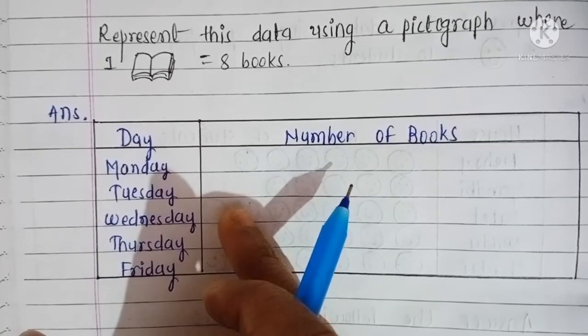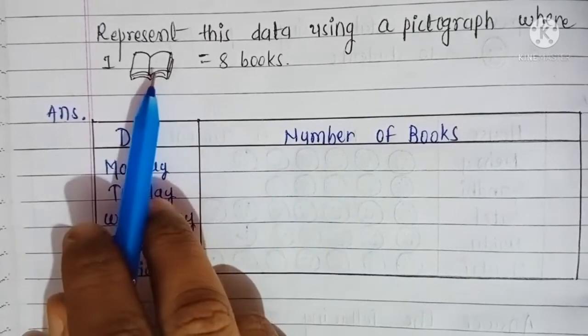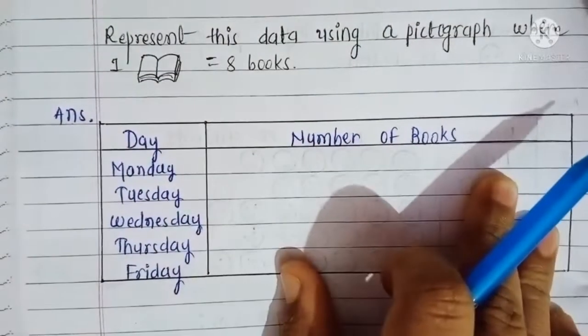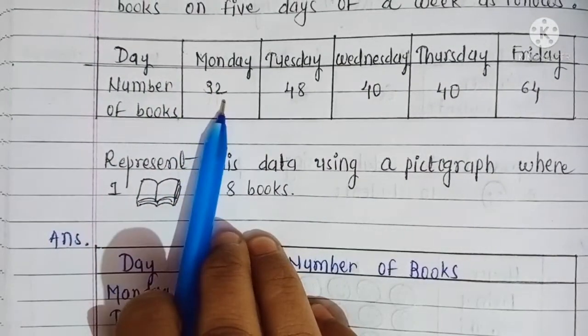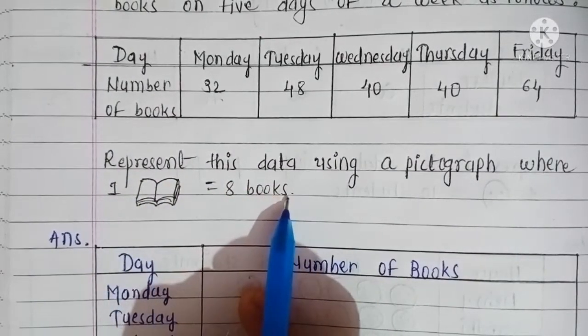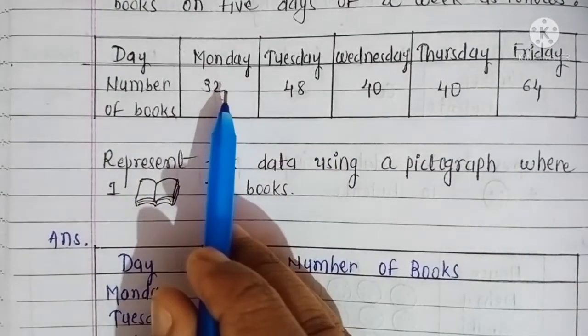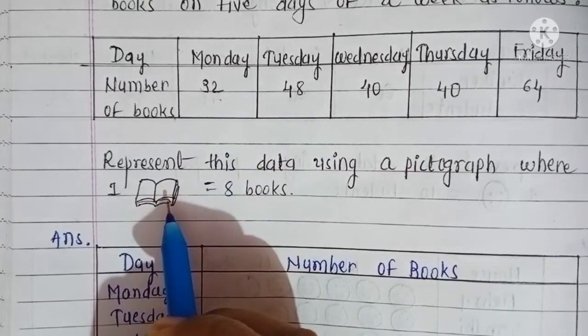First we draw one table like this. Now we represent number of books by using this symbol. On Monday there are 32 books sold and one book symbol is equal to 8 books, and 8 fours are 32. So we represent 32 by 4 symbols of book.